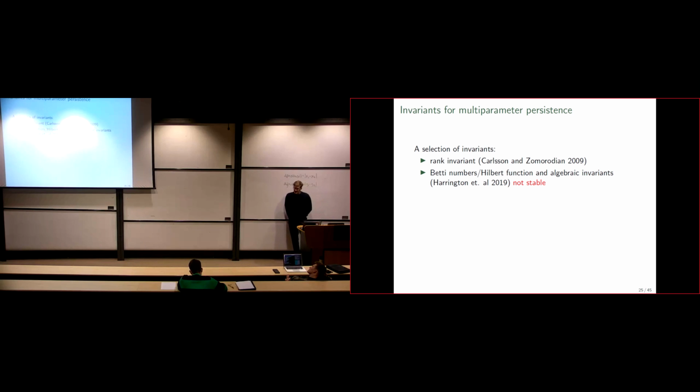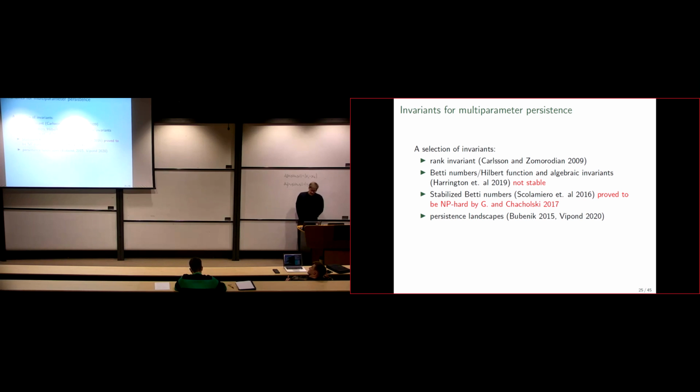But it turns out that these invariants don't really translate to the data analysis setting because they are not stable. If you vary your points, then this invariant could vary arbitrarily, it's not predictable. But what you can do is stabilize these invariants. You can stabilize the Betti number and adapt it to this data analysis setting. This was proved by myself and collaborator Wojtek to be NP-hard to compute. So this is not a computable invariant.